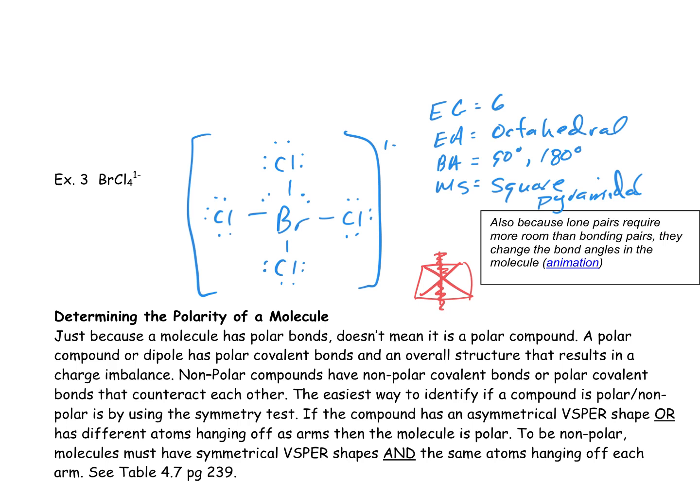Before I call it a nonpolar compound, though, go back and look at, hey, what are the atoms on the arms? Are they identical or are they different? Here I got 4 chlorines, so then it would be a nonpolar compound, because I have that symmetrical shape and I have the same arms.